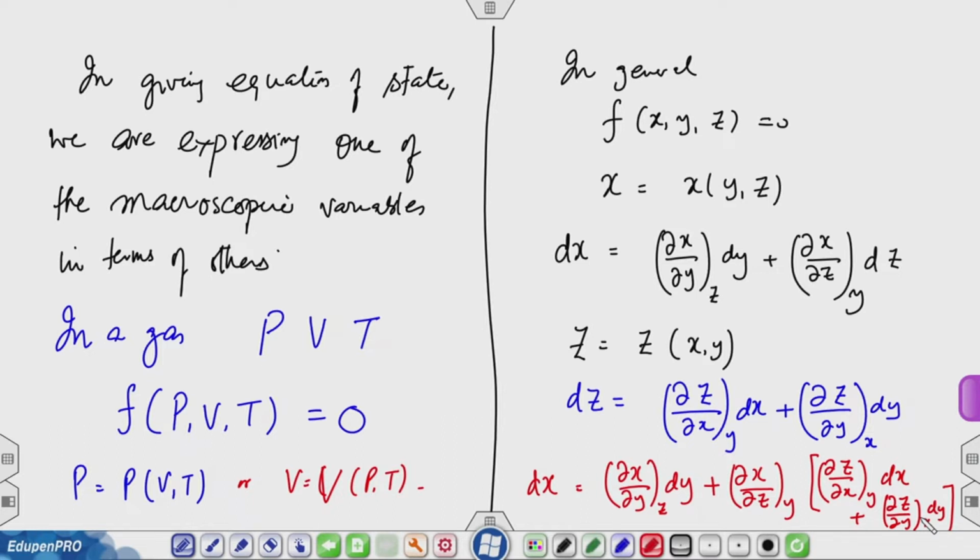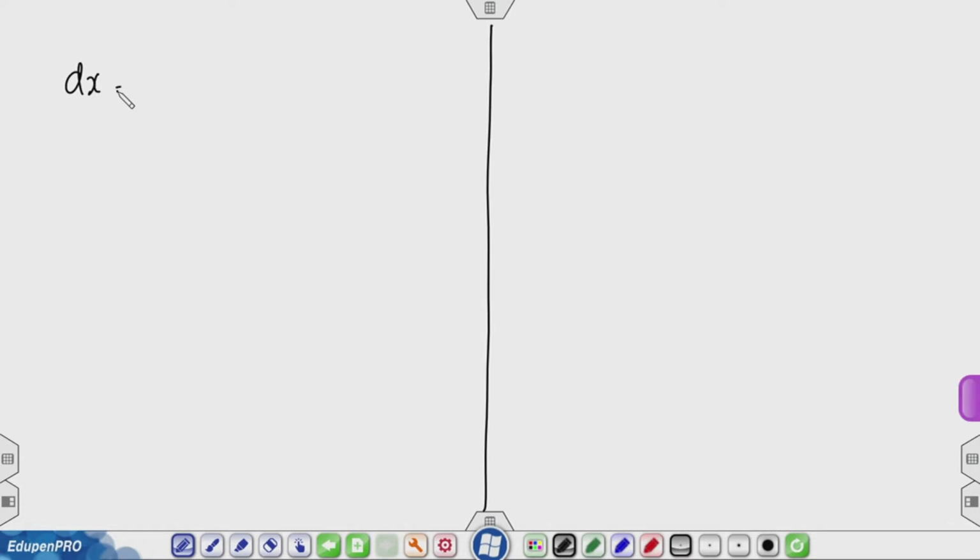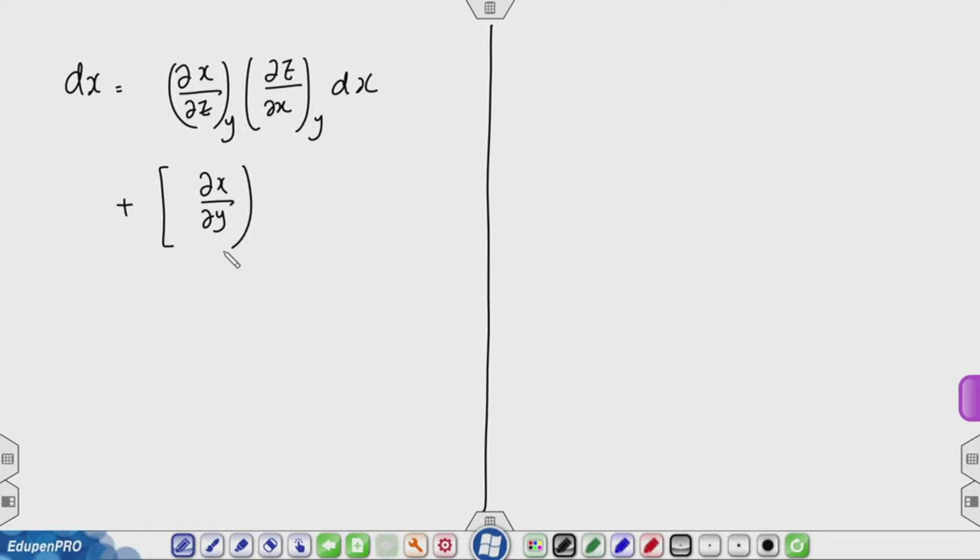Now, if I collect the terms in terms of dx and dy, I get dx equals partial x partial z at y times partial z partial x at y, dx, plus partial x partial y at z plus partial x partial z times partial z partial y, dy. This will be at y, this will be at x.